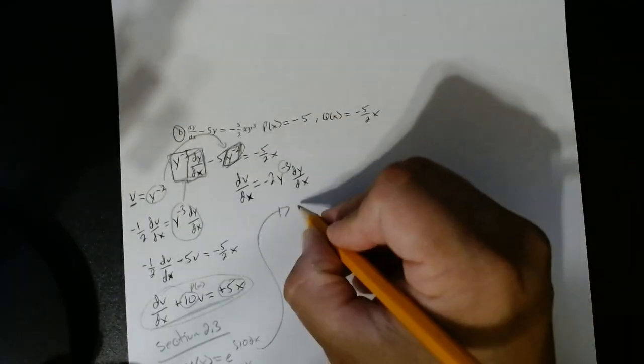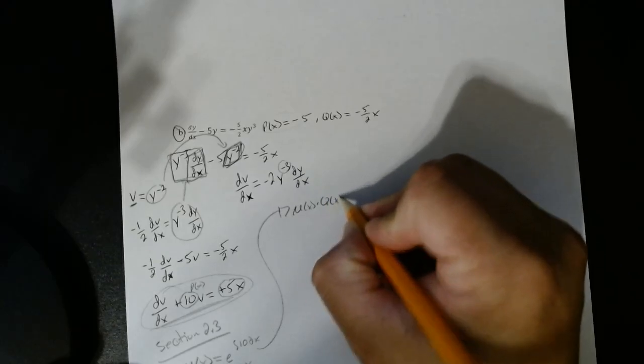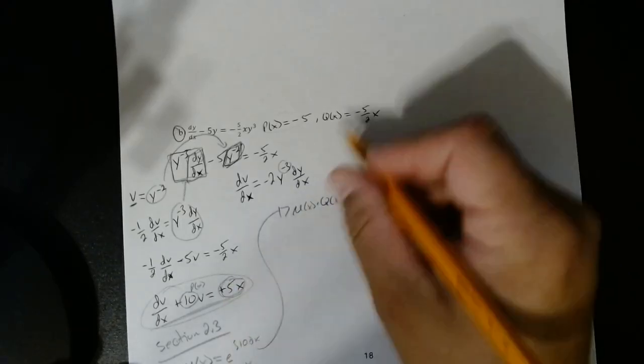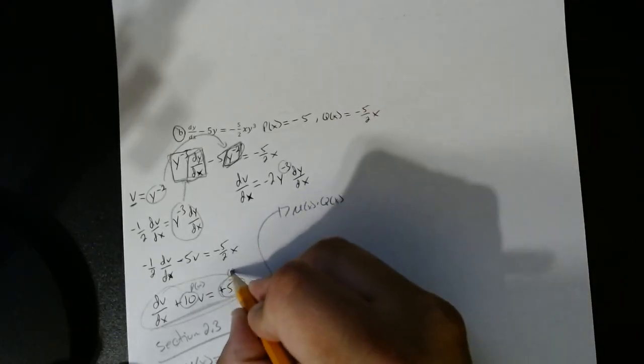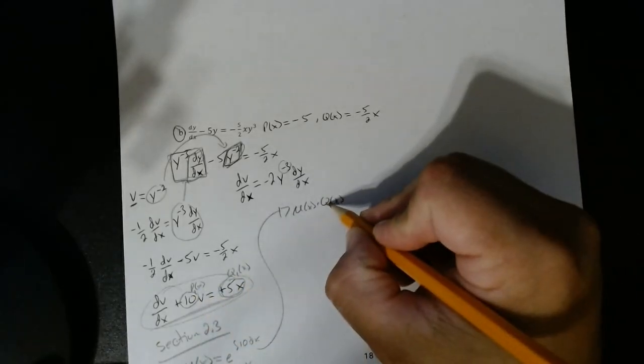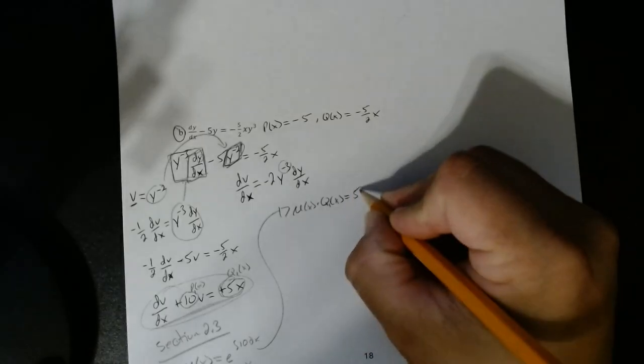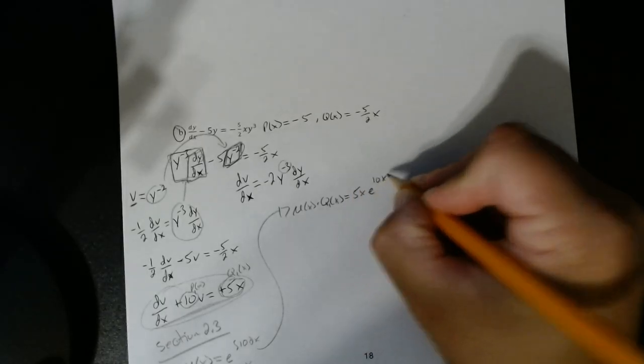So now we multiply u of x times q of x. Again, this q of x was from here, not from the original one. So I'll just get q of x, p of x, then we don't get too confused. So this gives us 5x e to the 10x.